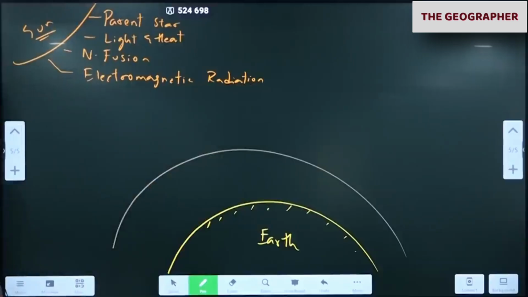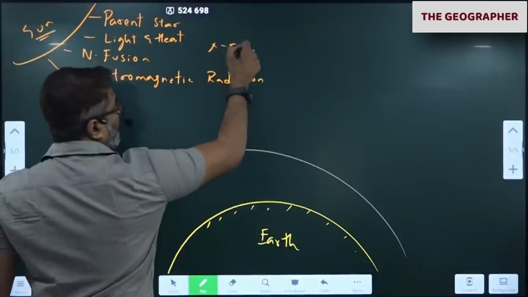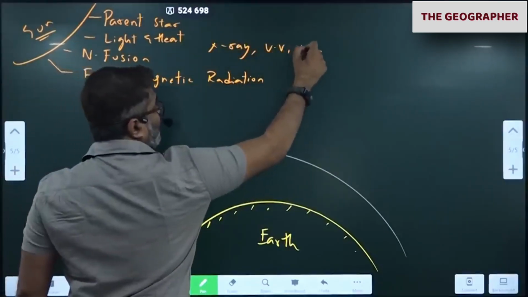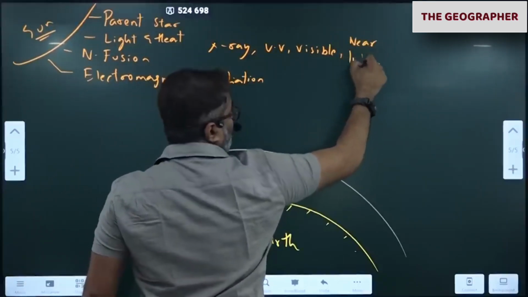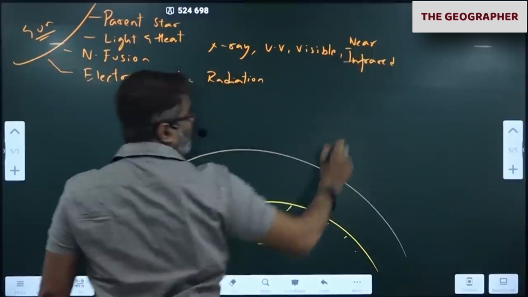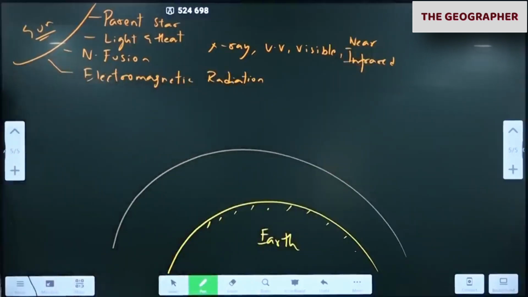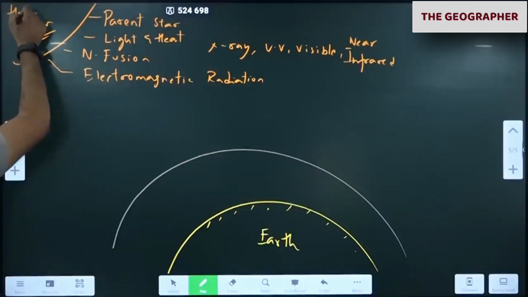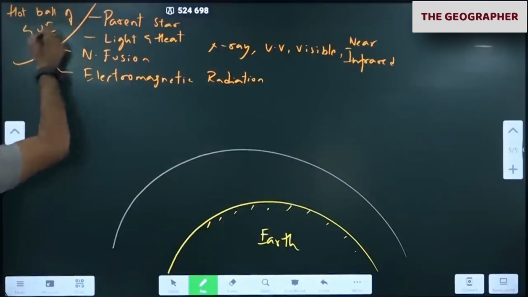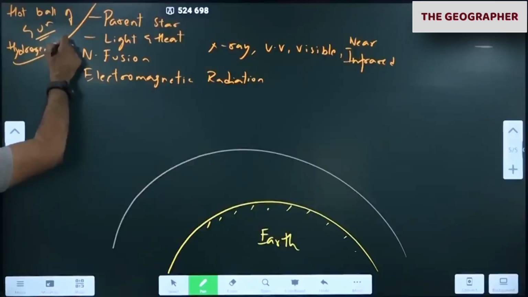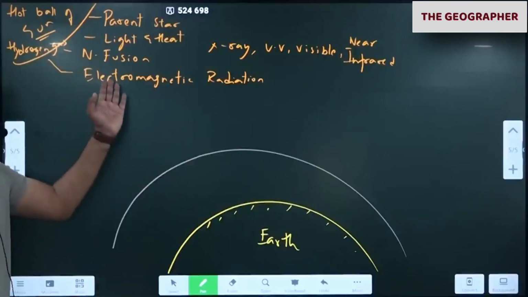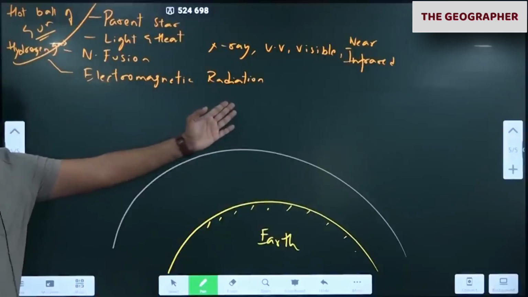Electromagnetic energy comes out as X-ray, ultraviolet, visible, and near infrared, from the sun in all directions. So nuclear fusion results in the formation of helium, and a large amount of electromagnetic energy comes out in all directions.